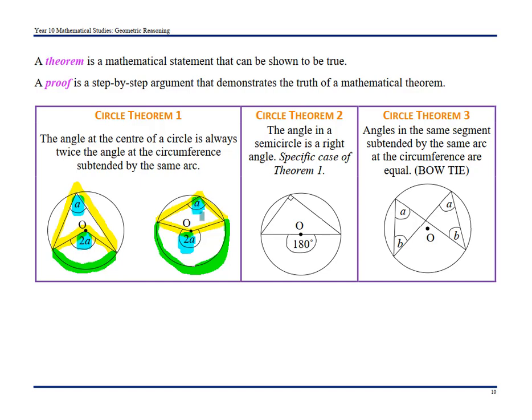An extension of that is circle theorem 2. If we have an arc that's a semicircular arc, so it goes around the semicircle, then when we draw it, I'll keep the same colors, I'll draw that in green. So we have a semicircular arc here.